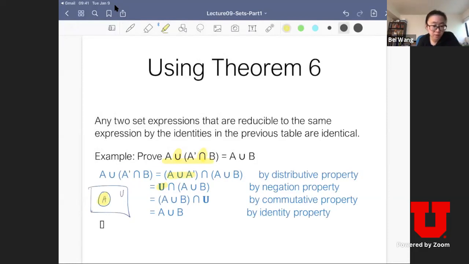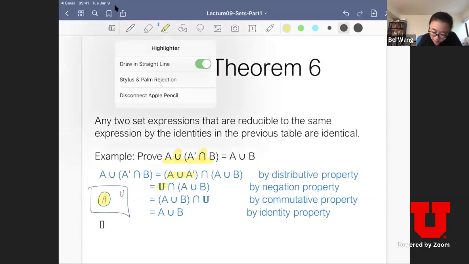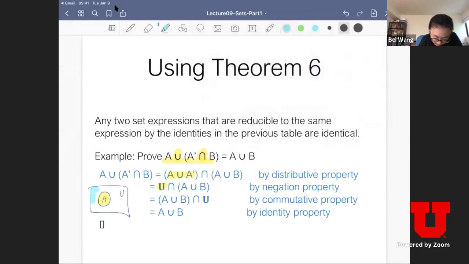Everything outside A, which is the complement, is in blue. And if you take A union A complement, it's the entire universal set.